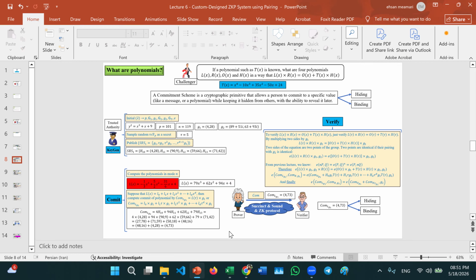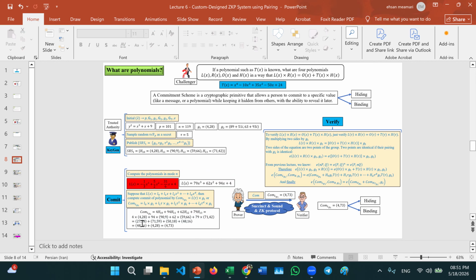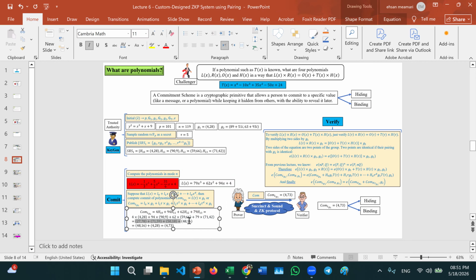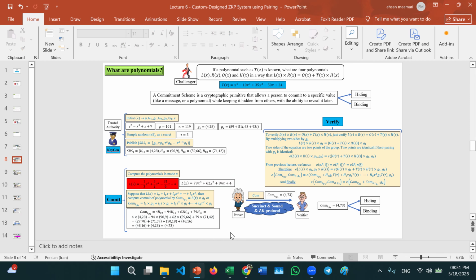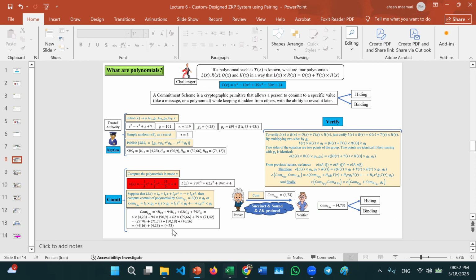After the prover computes these multiplications, now the prover has these 4 points that should be added to each other. And now the prover uses the point addition tool on our website to add these points to each other, right?